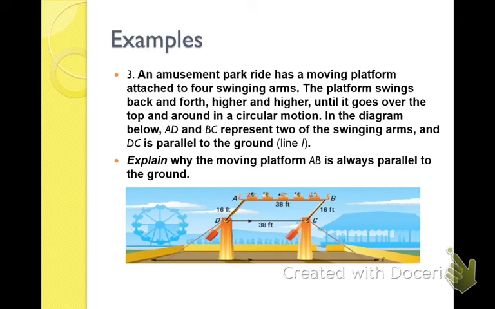But what do we know about it? It's a parallelogram, right? Because the opposite sides are congruent. So no matter what the angles are, the opposite sides are going to stay congruent. So it's a parallelogram. So we know AB is parallel to DC, right? And DC was parallel to the ground. So if DC is parallel to the ground, AB would be parallel to the ground.